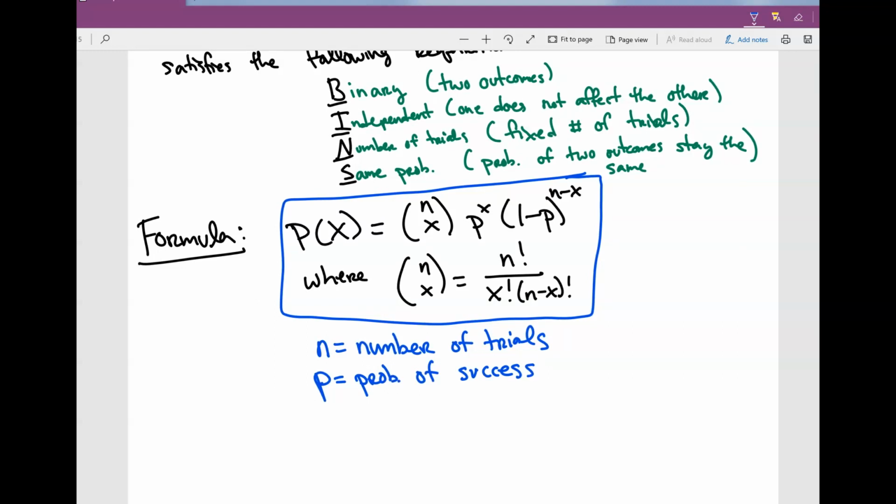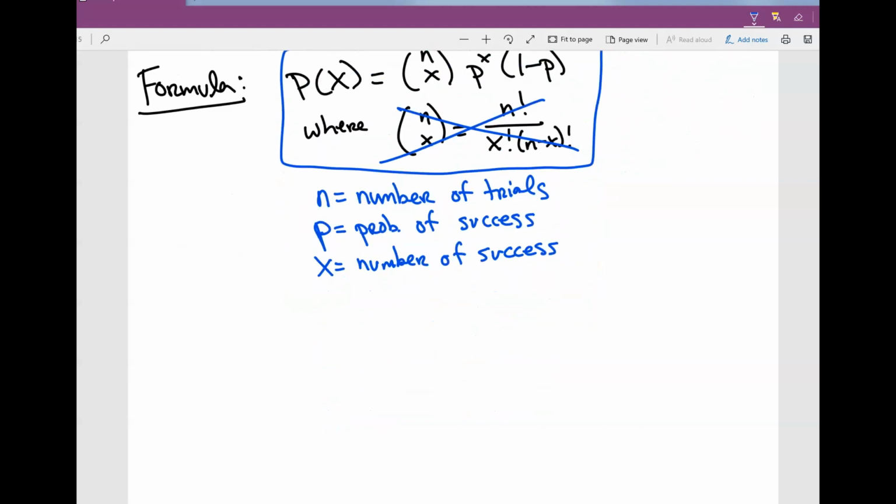And finally, X is going to be the number of successes. So don't worry so much about these factorials. Basically, the calculator is going to do all of this instead of doing it by hand.